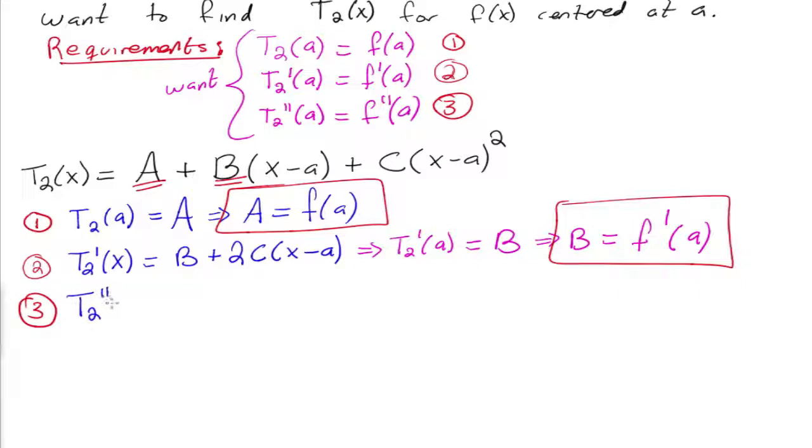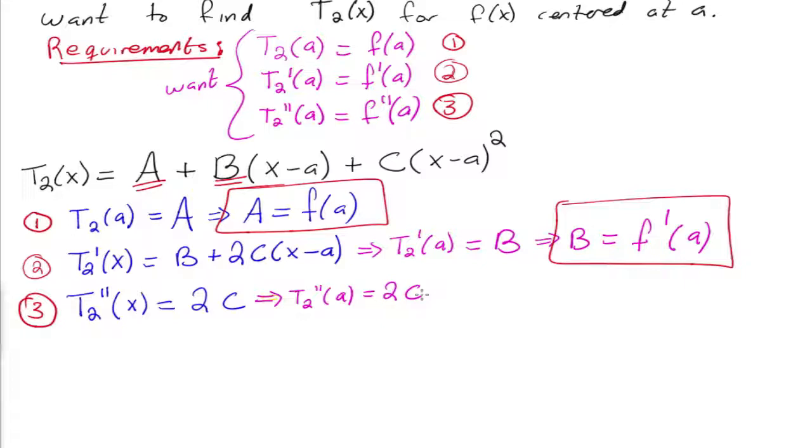So the second derivative at x is equal to what? 2c, right? So this means that T2 double prime at a is also equal to 2c, because it's just a constant.